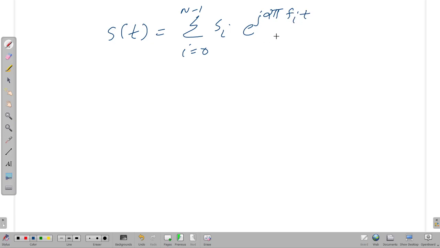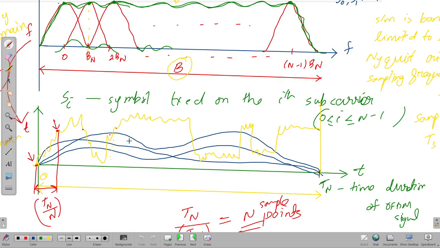What are these Fi's? If this is 0, this is Bn. So in general, I can write Fi as I into Bn, where I goes 1, 2 up to n minus 1, right?